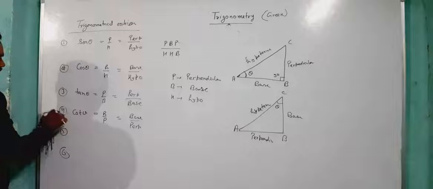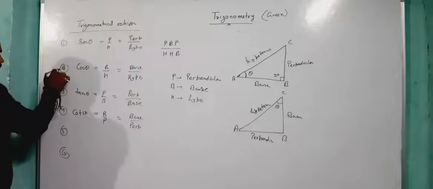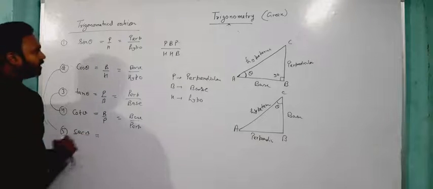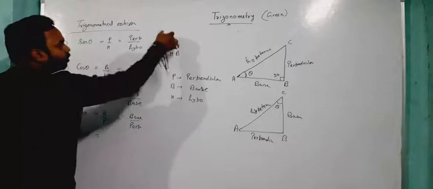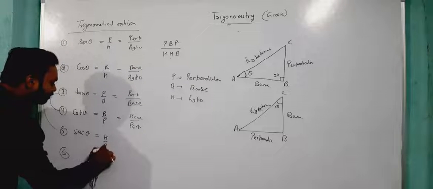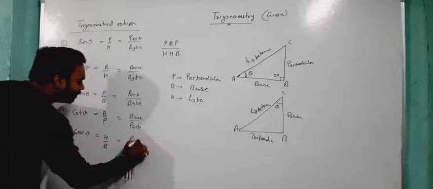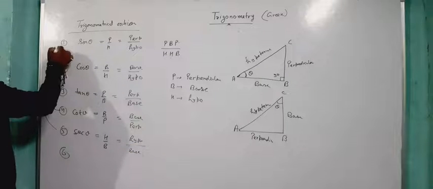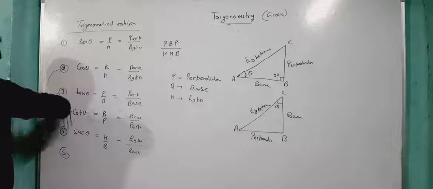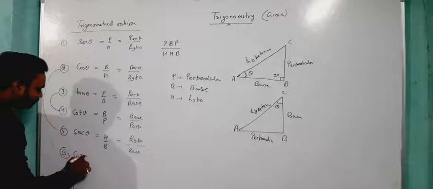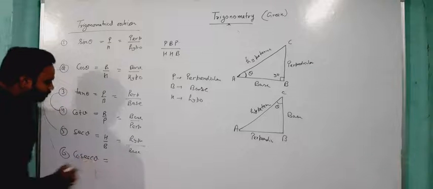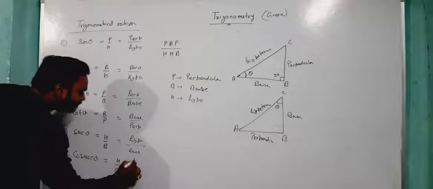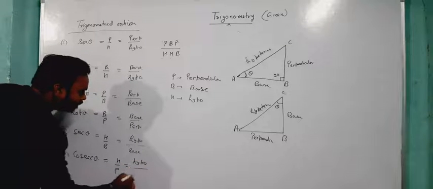The inverse of cos will be sec, and sec theta will be H upon B, that means hypotenuse upon base. The inverse of sine is cosec. Cosec is H upon P, that means hypotenuse upon perpendicular.